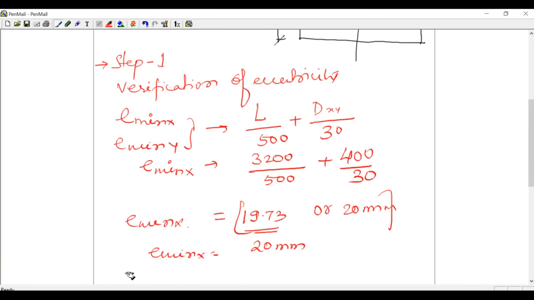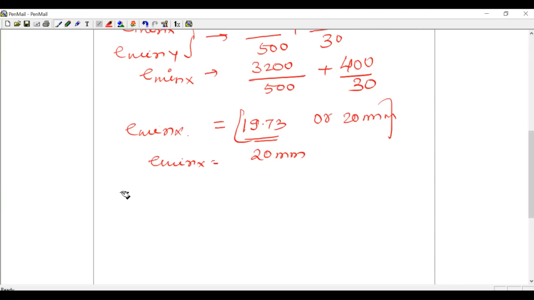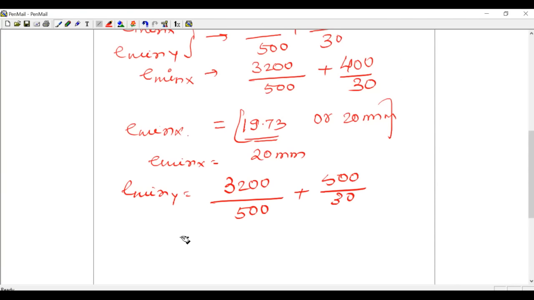Similarly, we need to calculate e minimum y. For y we have the same unsupported length, that is 3200 by 500, plus along y the depth is 500, divided by 30. So it comes to around 23.07 or 20.